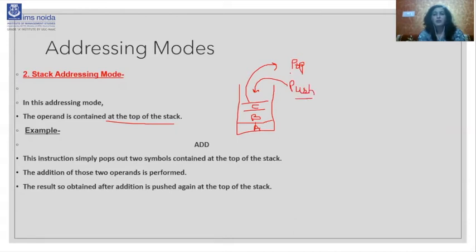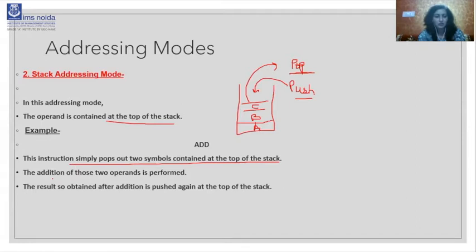Now what do we mean by addressing mode? With the help of a stack we can find the address of an operand. This instruction simply pops out the two symbols at the top of the stack. When we do the push operation, it adds items into the stack, and when we do the pop operation, it pops out items from the stack.